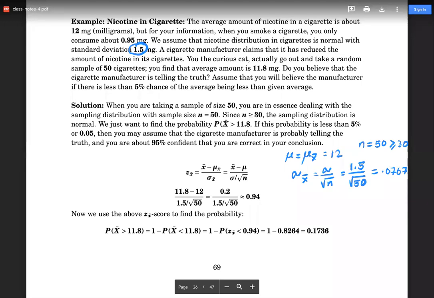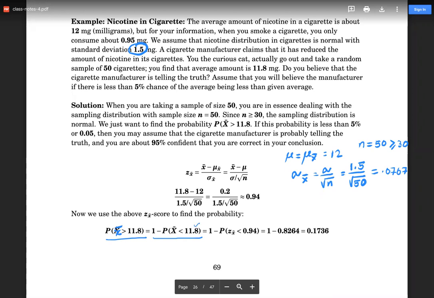To find the probability, this should be x bar. Probability of x bar greater than 11.8 is the same as 1 minus the probability of x bar being less than 11.8.